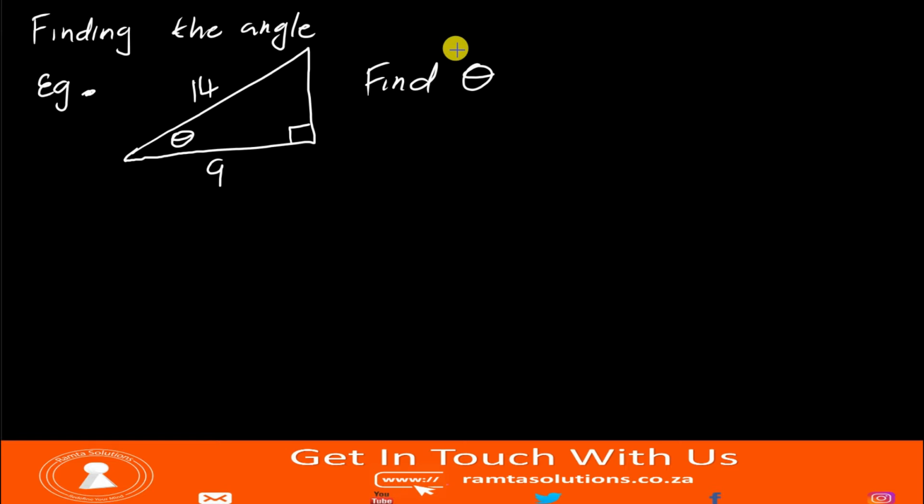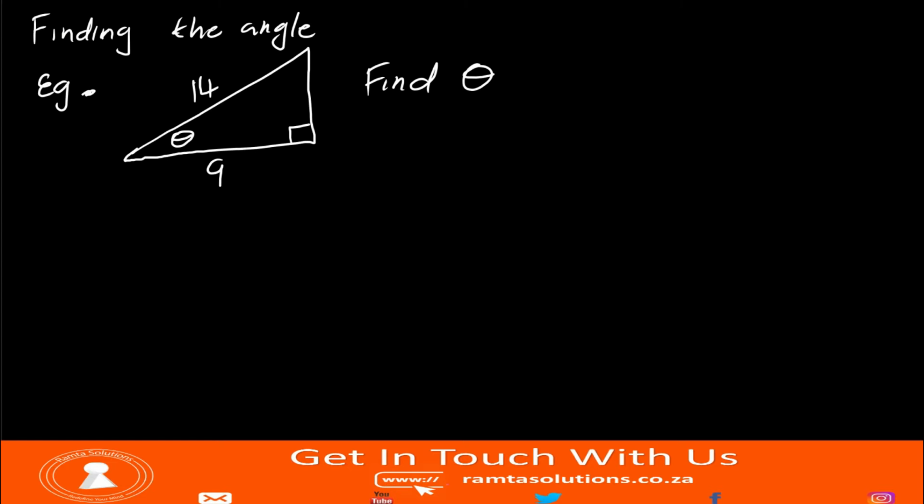Okay, so this is a right-angled triangle. Since it is a right-angled triangle, you can use the ratios SOHCAHTOA: cosine, sine, even your tangent. But which you use depends on what information is given.